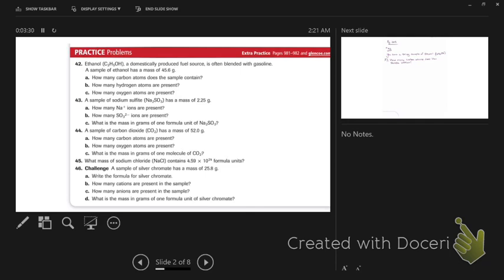Right here is where we're going to focus for the next few minutes. I will post this to Google Classroom also, but this, as I said, is on page 339 in your textbook.